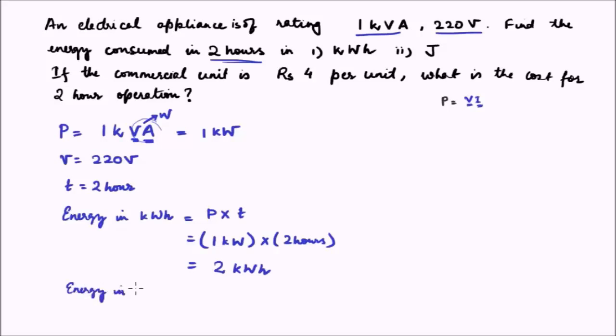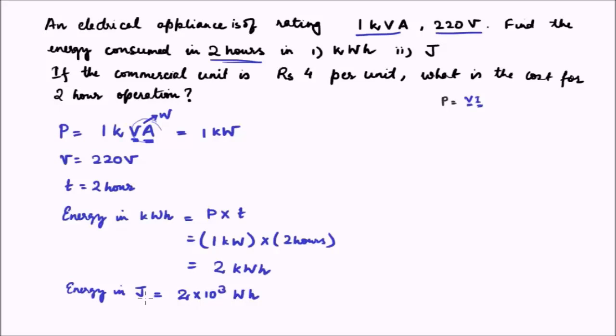Energy in joule. Either we can use directly the transformation value that we saw in the lecture, or we can calculate it for our own self. Let us calculate. 2 kilowatt hour can be written as 2 into 10 to the power 3 watt hour.